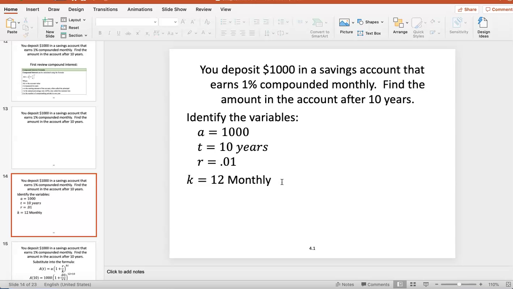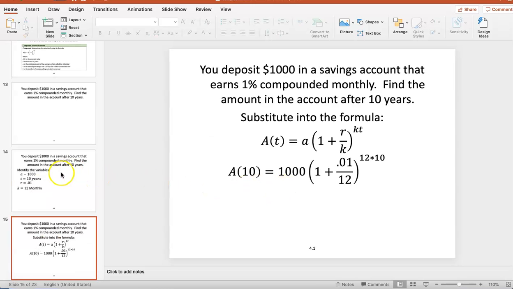Okay, now let's go plug it in. A of t equals 1,000 times (1 plus 0.01 divided by 12). 12 is the K. We split it up, and 12 times 10, so K times the time. Look at that. Be sure you see where all the variables go.